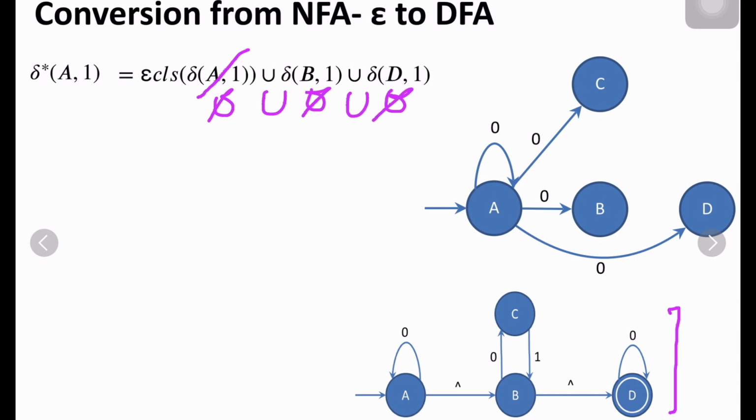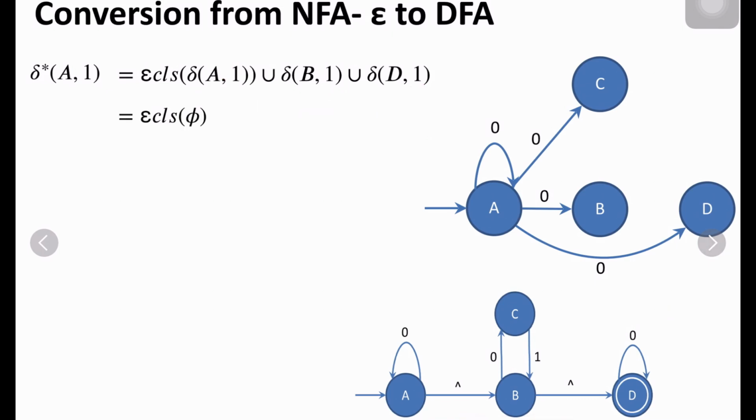That means it is the E-closure of phi, which is phi only. So there is no transition at all on 1 for A, and A is over.